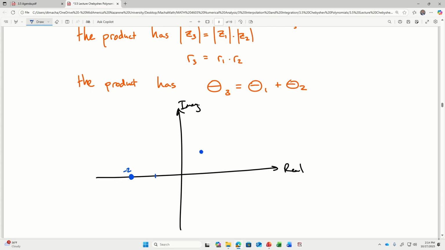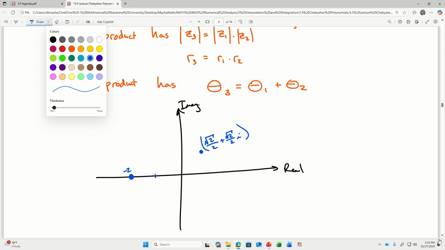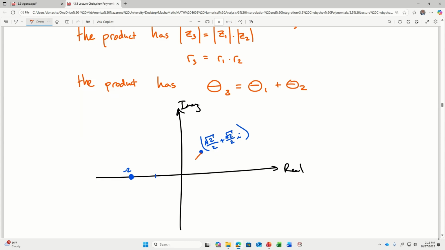Then what if I wanted to multiply these two together? What if I want to multiply this number, which would be like square root 2 over 2 plus square root 2 over 2 i, times this number, which is -2. Well, then I would add these thetas together. This is theta 1.